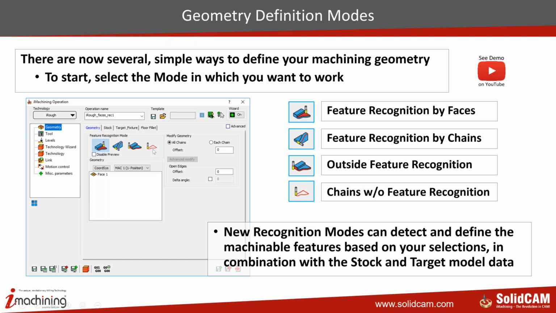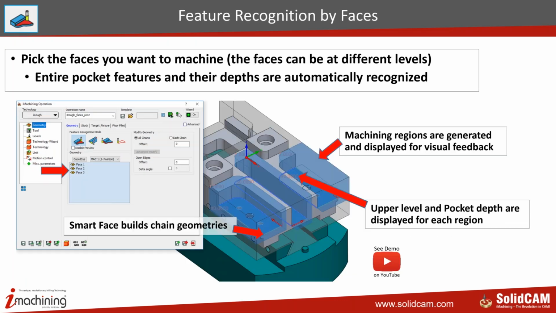Earlier we used to see only the contour selection. Now when you go to iMachining 2D, automatically you will get these four options: feature recognition by faces, chains, outside feature recognition, and chains without feature recognition. When you use feature recognition by faces, you just have to pick the face using the smart face technology.